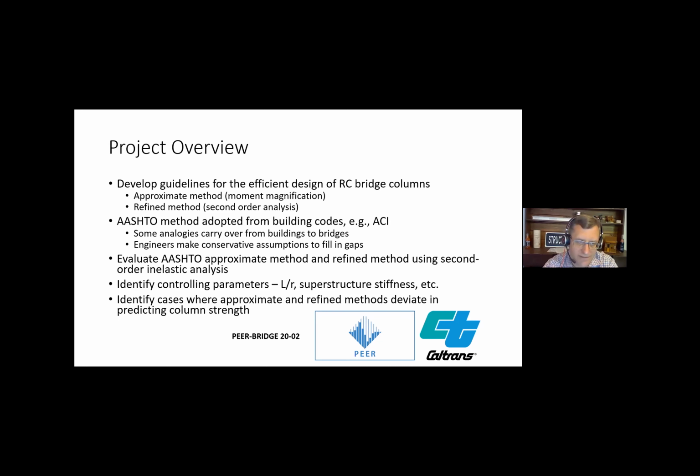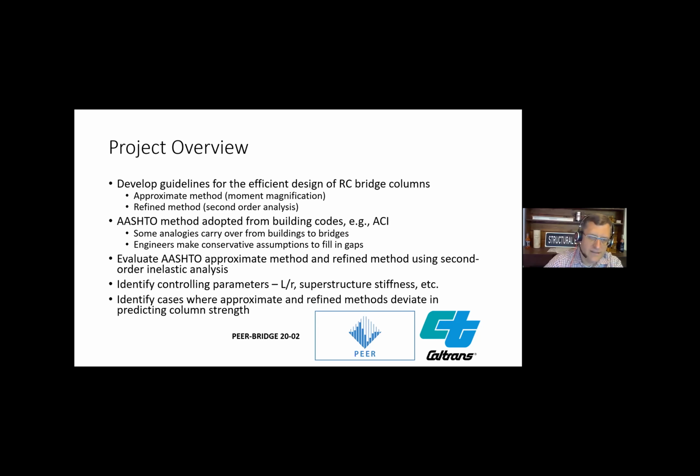While some analogies carry over from buildings to bridges, engineers on the design floor often make conservative assumptions to fill in the gaps. Those assumptions can be quite conservative in some cases, and that's one of the things we want to address with this project.